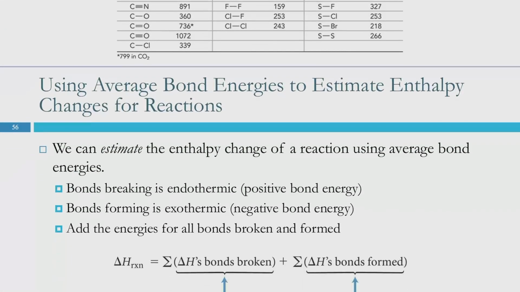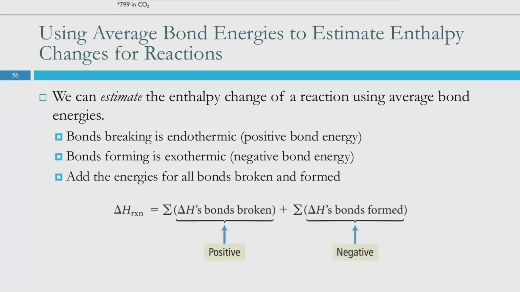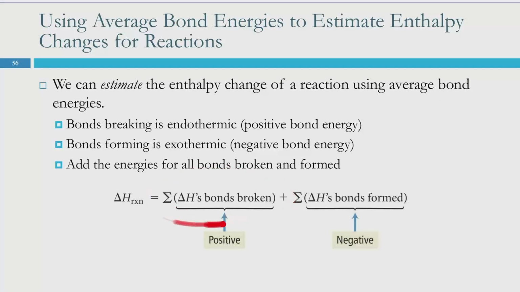The way that we estimate enthalpy changes for a reaction is using the average bond energies. We're going to take the sum of all the delta H's for the bonds that are broken plus the sum of the delta H's for all the bonds that are formed, and this is going to be a negative number. So breaking bonds takes energy input.